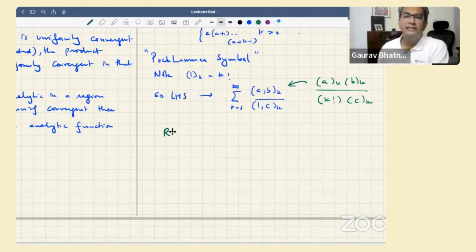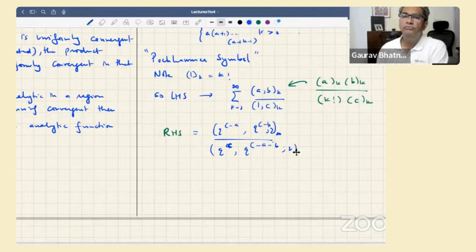And the RHS, if we write it down, we get q raised to c minus a, q raised to c minus b, q infinity over q raised to c, q raised to c minus a minus b, q infinity.